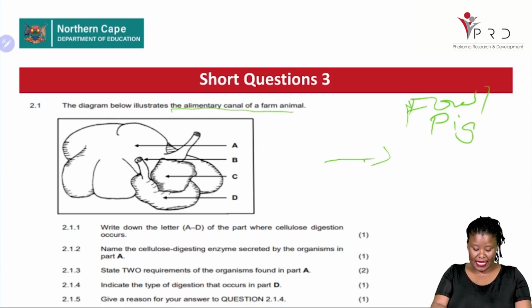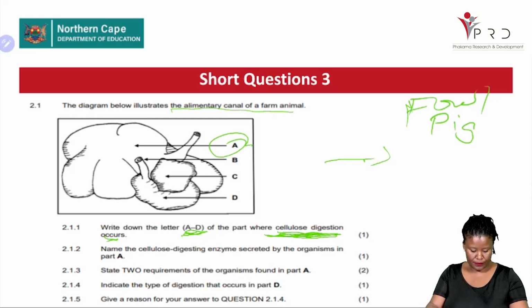Write down the letter of the part where cellulose digestion occurs. It says write only the letter A to D. Is it letter A or B or C or D which is responsible for the digestion of cellulose?